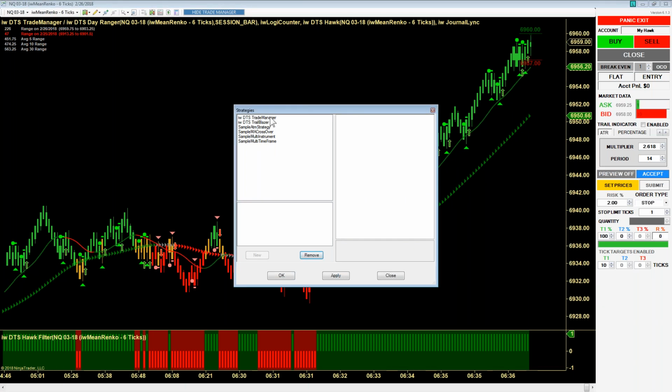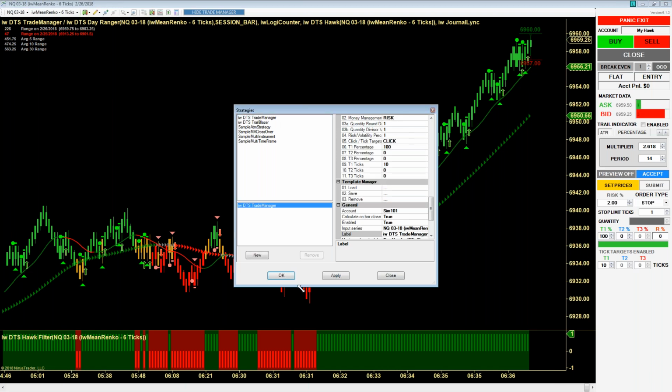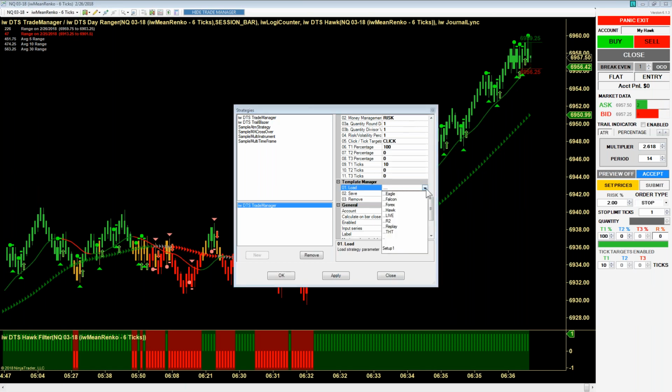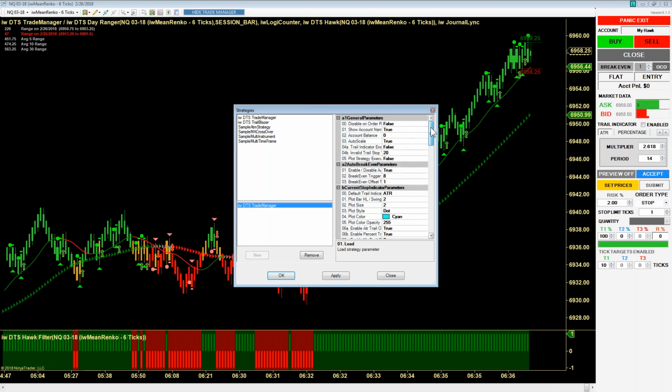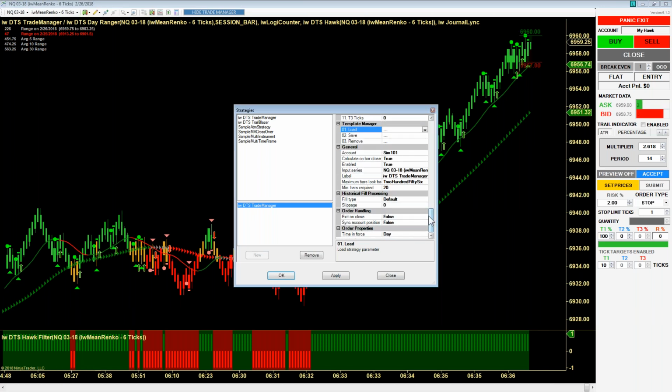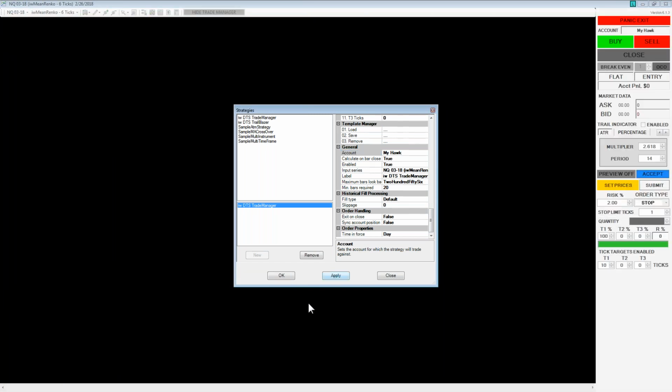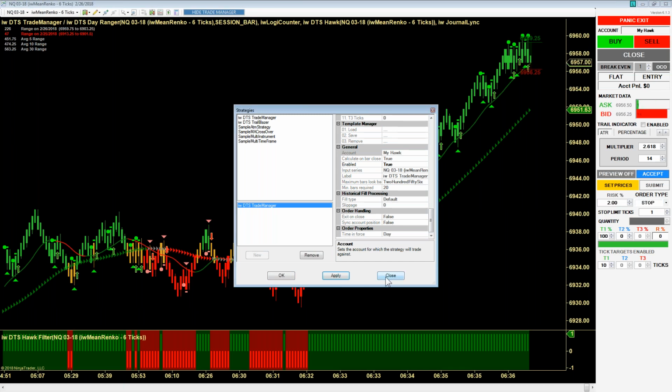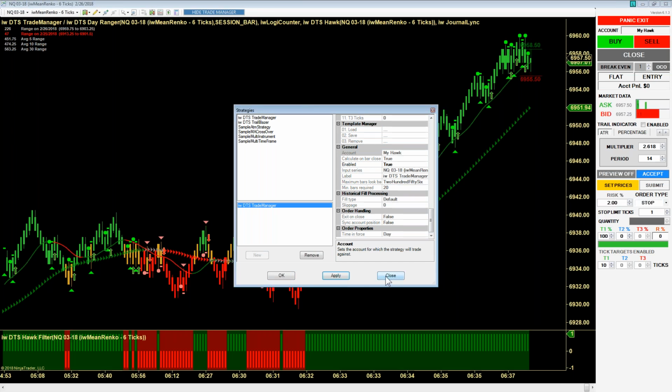Now double-click on trade manager again, and hopefully you have a template saved so that you can just load your template. Otherwise, you need to adjust your settings the way you like them, if you make any changes to your settings, that is. Select your trading account and apply it. And that should reboot your trade manager and resolve the problem.